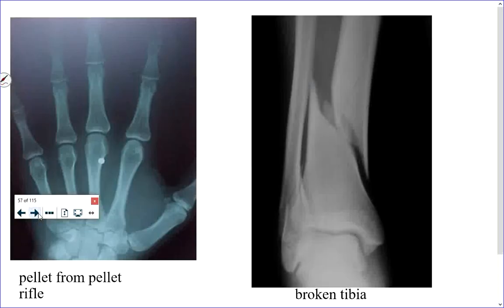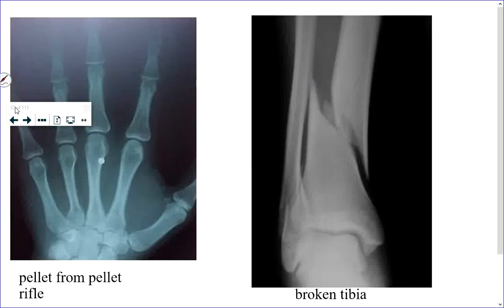A few other X-rays. I'm talking about this one because imagine, prior to X-ray diagnoses, that somebody was shot in the hand with a shotgun. Let's just say, this is just a single pellet from an air rifle. But if you were shot in the hand back in 1800 and whatever with a shotgun, first of all, the pellets were probably made of lead, which means you would immediately start getting lead poisoning.